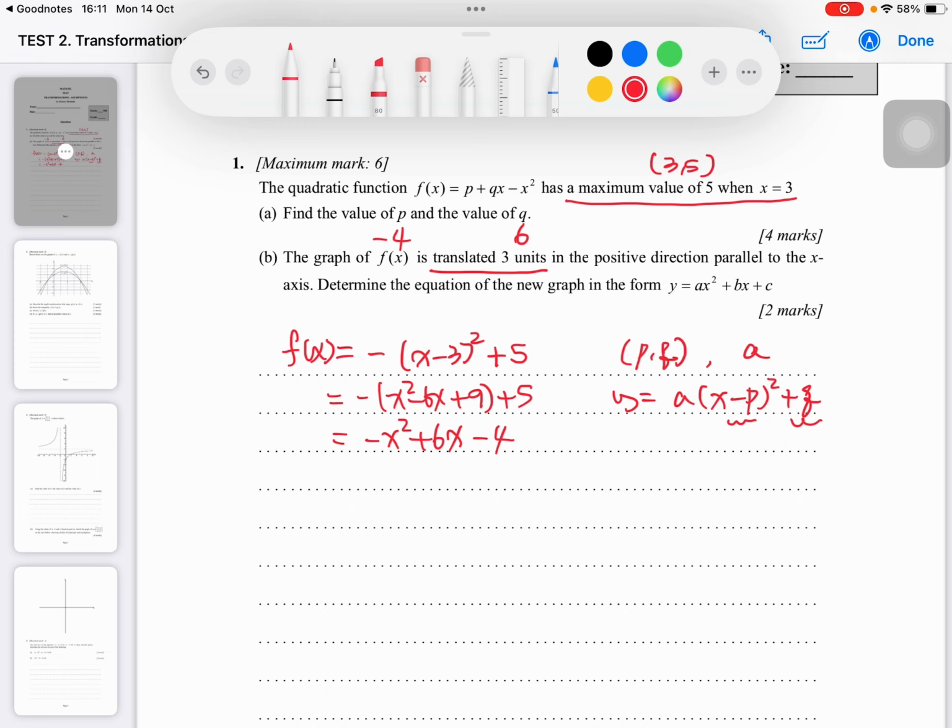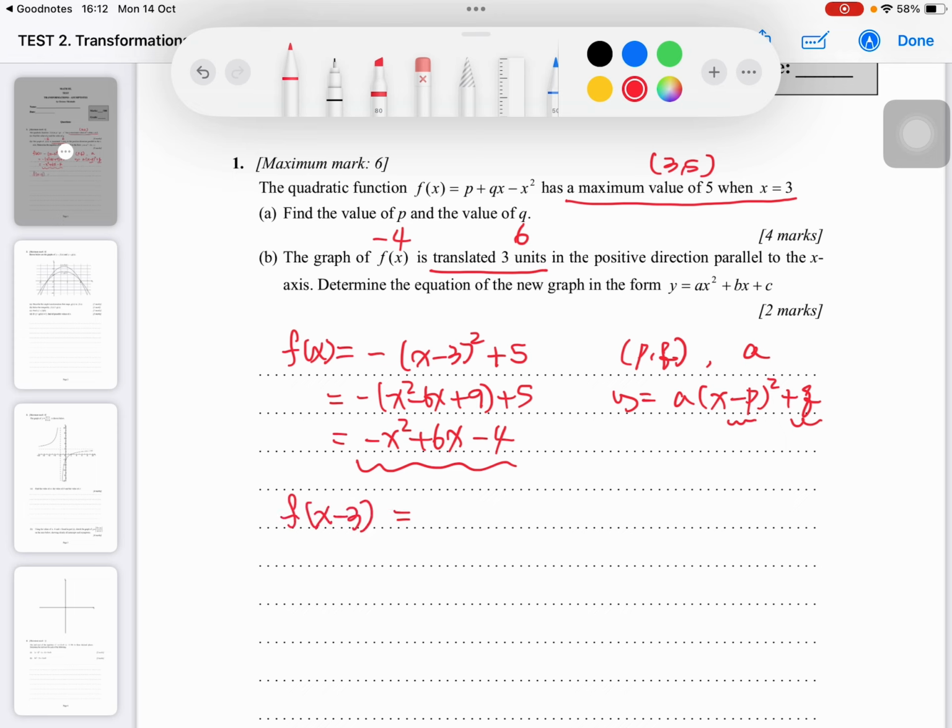Whatever you want, you can start from anywhere. So anyway, we are moving 3 units to the right, which is x minus 3.